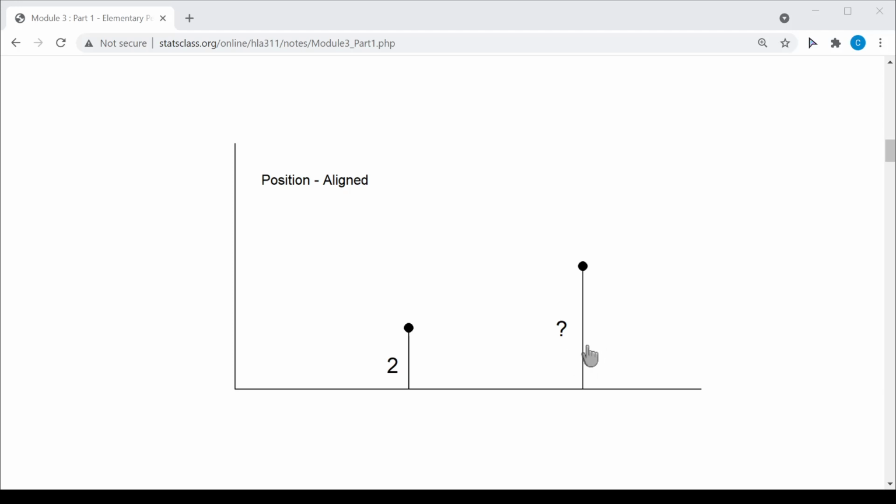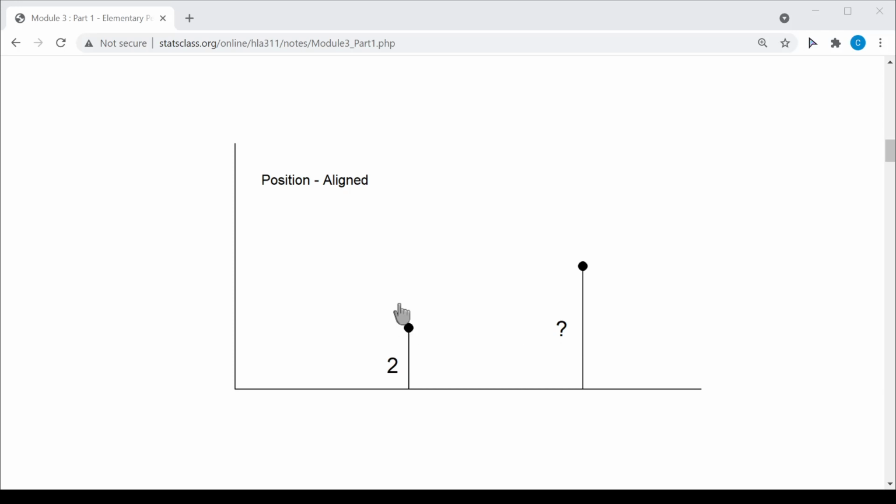Just pause for a moment and give me a guess for what this value represents. So if this is at position 2 here vertically, what is this positioned at? Okay, if you said 4, that's what it actually is, 4 here.